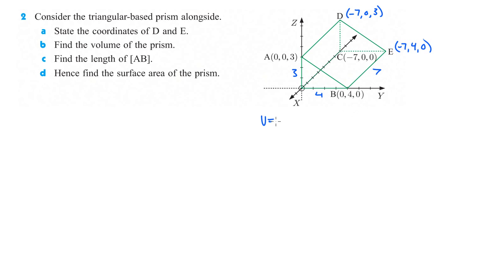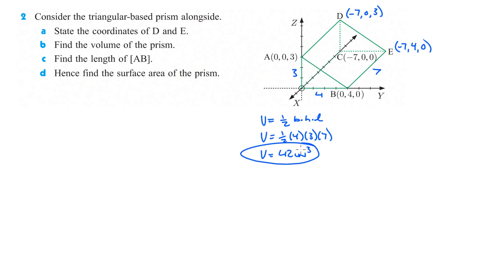So our volume on this thing is going to be 1/2 base times height times length, right? So in this case, 1/2 of 4 times 3 times 7. Half of 4 is 2. 2 times 3 is 6. 6 times 7 is 42 units cubed.